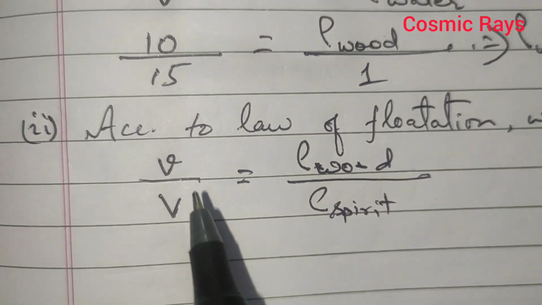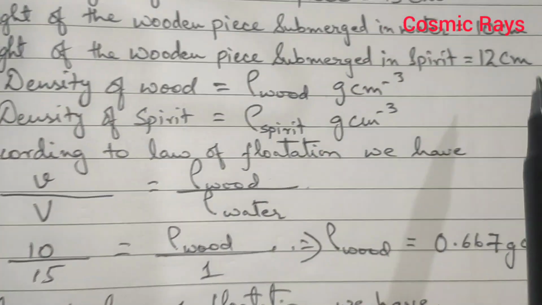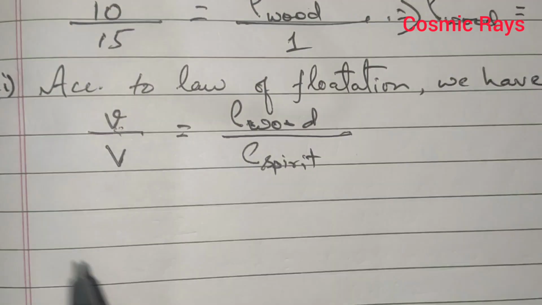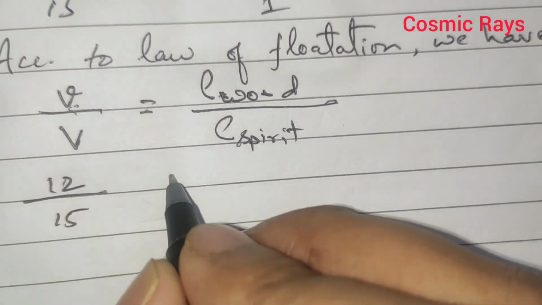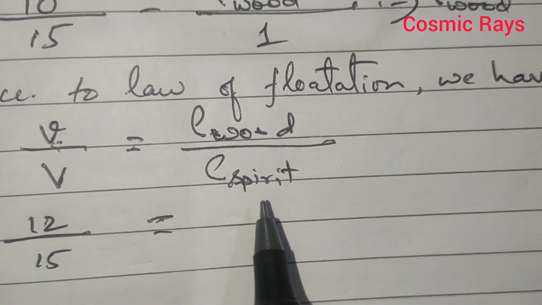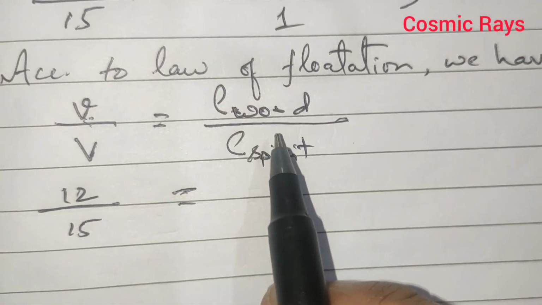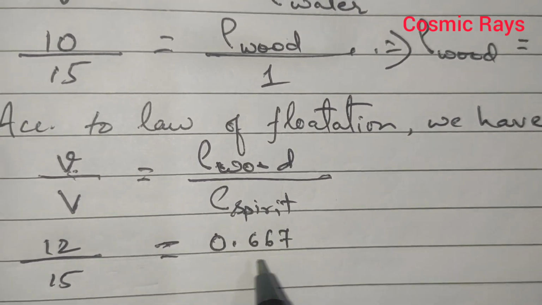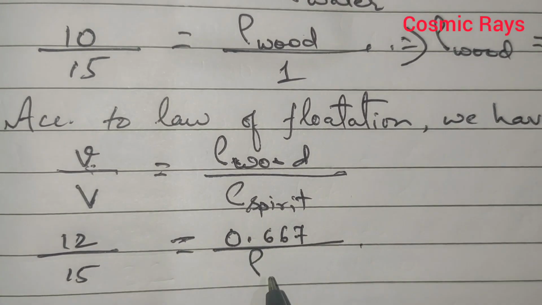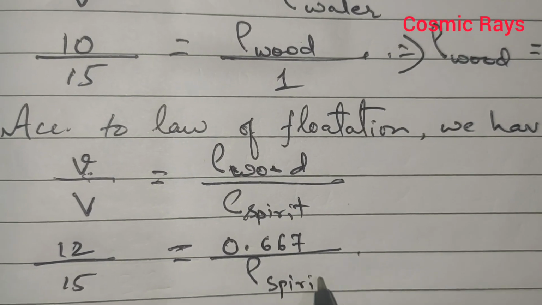So again, this volume which is immersed in the spirit is 12, the total remains the same, that is 15, is equal to rho wood, that is the density of the wood we have just calculated, 0.667 divided by density of the spirit.